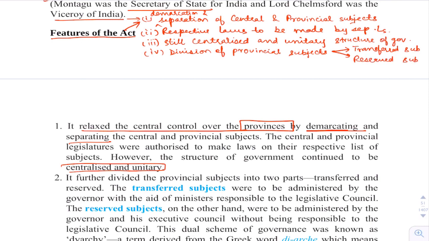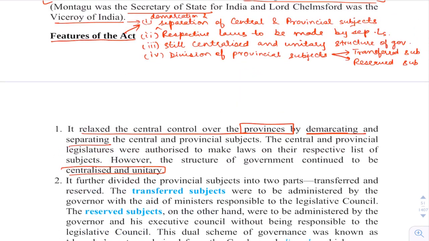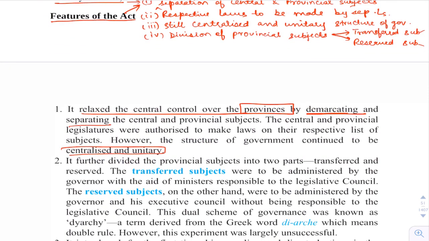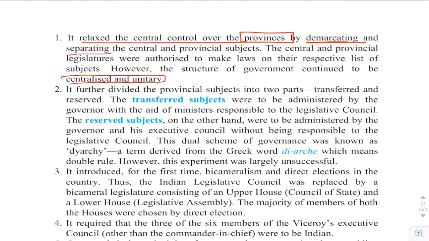Okay. Now what were these transferred and reserved? I don't have much space there, so I'll try to fit it somewhere else. But you incorporate it in your notes along with this. Okay. I don't have space, so that's why I am writing it somewhere else. So I'll try to write it here. About transferred subjects I'll write here and about reserved subjects I'll write here. Please incorporate in the notes accordingly.